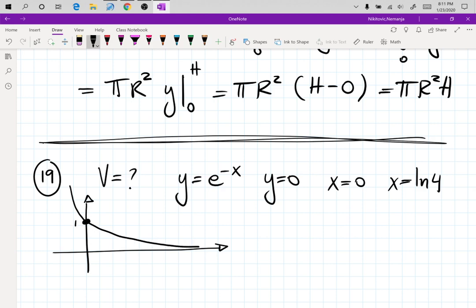It goes through 1 and falls to 0 to the right. Then we have y equal to 0. Well, that's the x-axis. And we have x equal to 0, which is the y-axis.